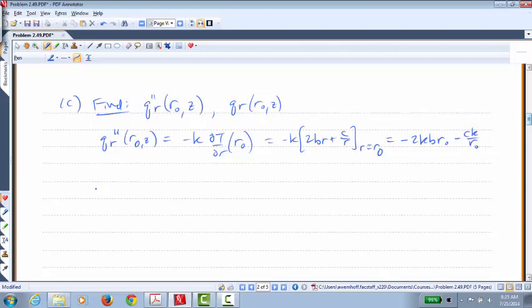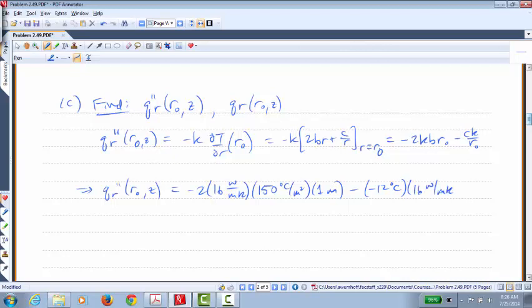So now we can put in numbers. And what we get then is the heat flux at RO and Z is minus 2 times 16 watts per meter Kelvin times B, which is going to be 150 degrees C per square meter, times RO, which is 1 meter, minus C, which is negative 12 degrees C, times K, which is 16 watts per meter Kelvin, divided by RO, which is 1 meter.